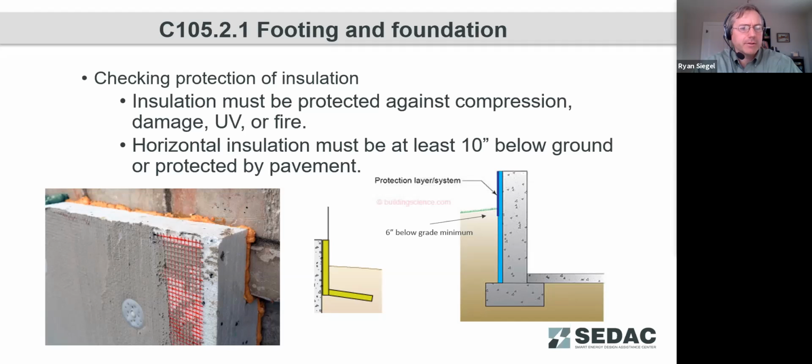Some new products continue to come to the market to provide some of these in a single product rather than necessarily having to install some additional protection after you install your insulation. And here, noting that 10 inches again that I had mentioned earlier.